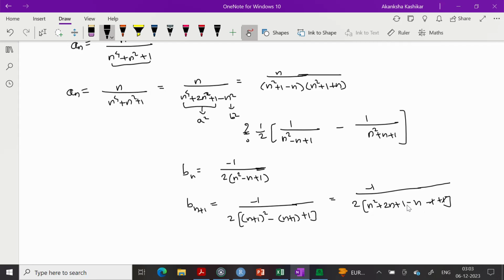So 1 goes, then this 2n minus n becomes n, so I am left with minus 1 upon 2 into bracket n square plus n plus 1, which is what we want.